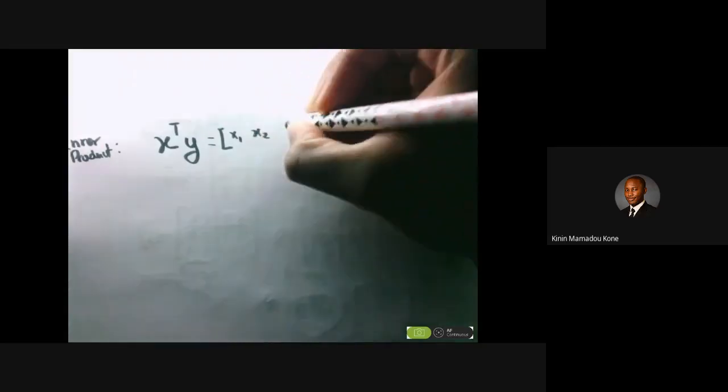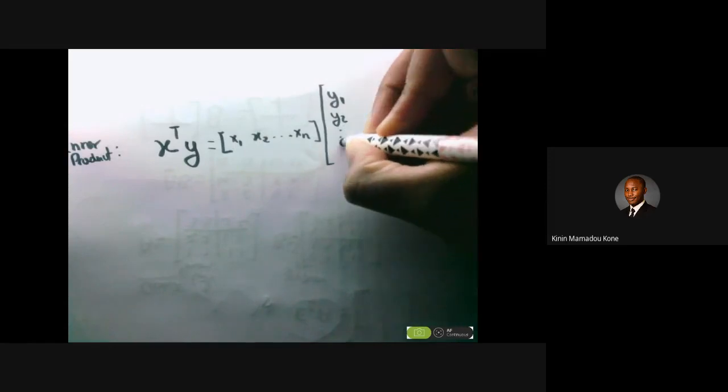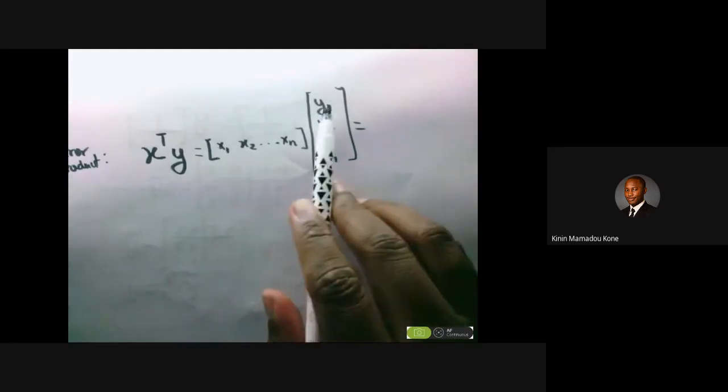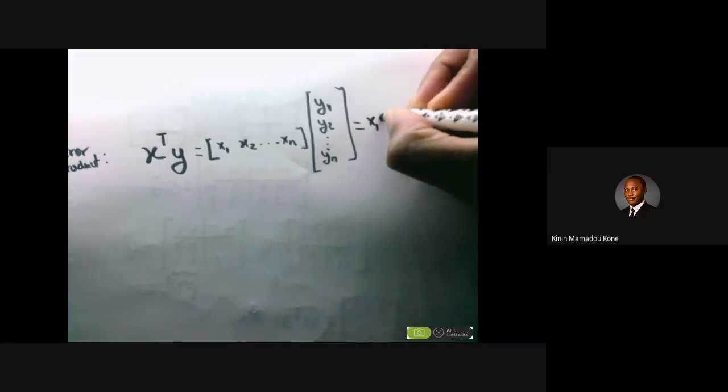That gives you x1, x2, all the way to xn, multiplied by the column y1, y2, all the way to yn, which equals x1 times y1 plus that plus xn times yn.